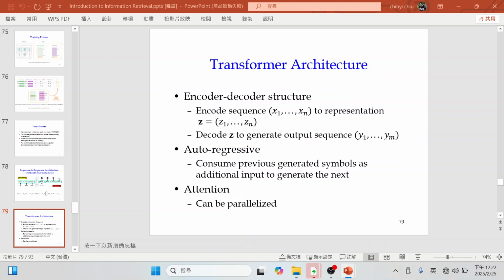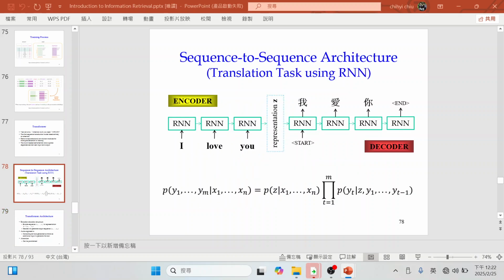Okay, so this is the traditional sequence-to-sequence model using RNN. But RNN has a problem because each RNN step keeps a memory of the previous state. Given the input, you have to process 1, then 2, then 3. You have to follow the steps.